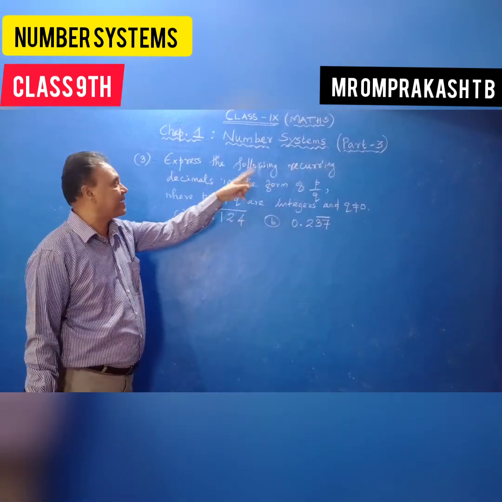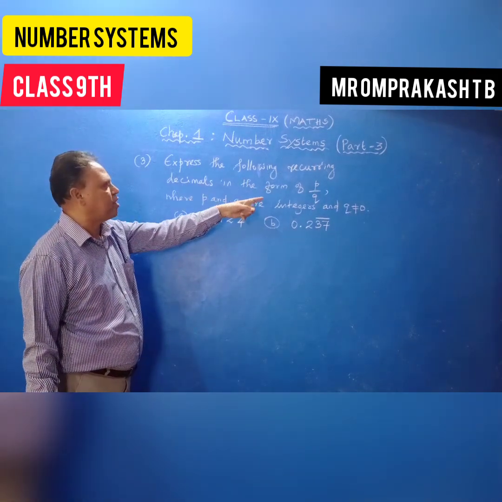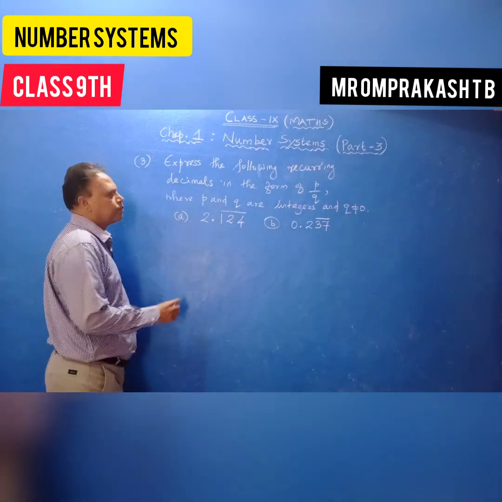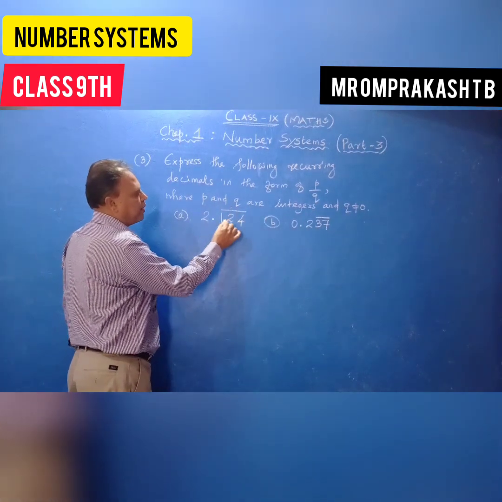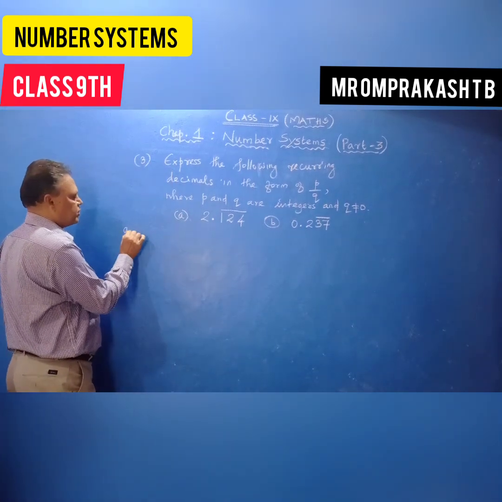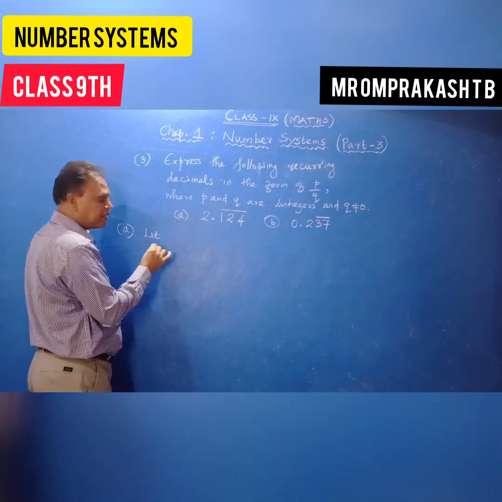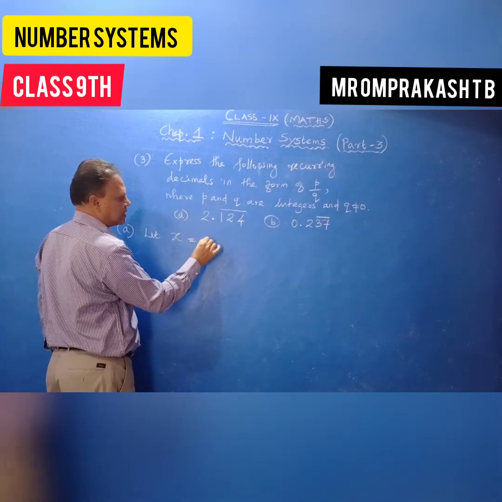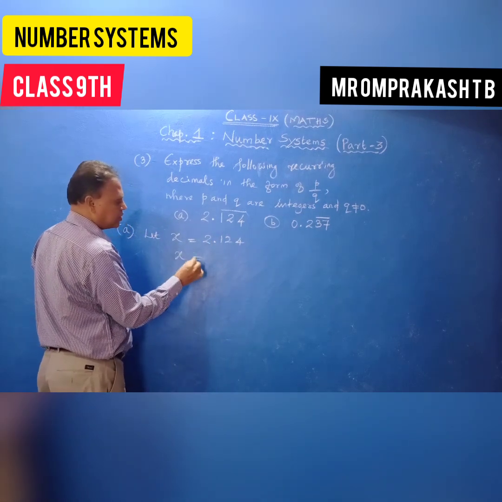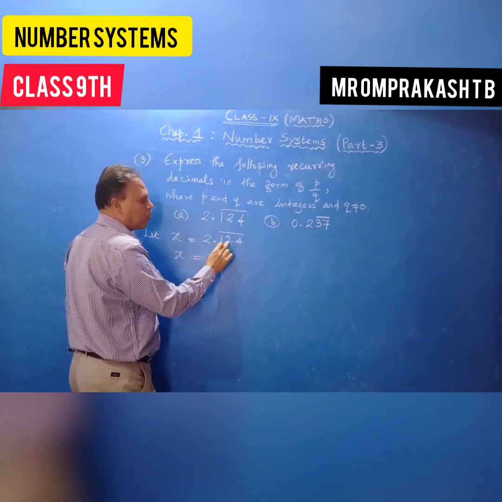Express the following recurring decimals in the form of P by Q, where P and Q are integers and Q not equal to 0. Recurring means repeating decimals. So first one, first you take what is given number, take it as x. x is equal to 2.124 bar.